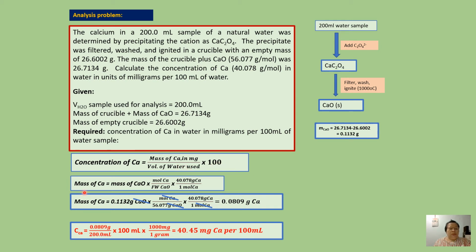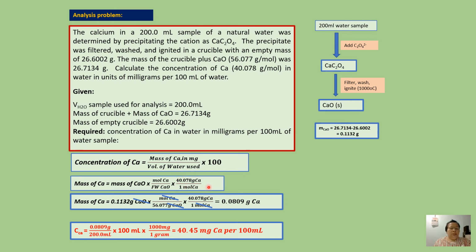The mass of calcium is equal to the mass of calcium oxide times 1 mole of calcium per 1 mole of calcium oxide. But 1 mole of calcium oxide is equal to the formula weight of calcium oxide times 40.078 grams of calcium per 1 mole. This quantity here is the atomic weight, or the molar mass, of calcium.